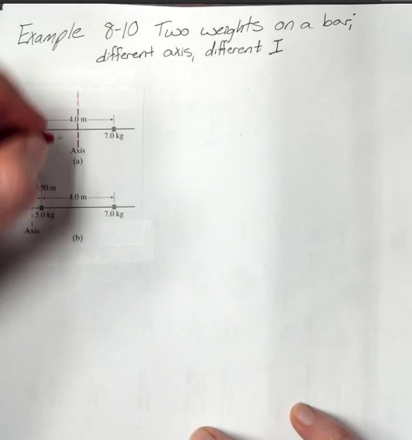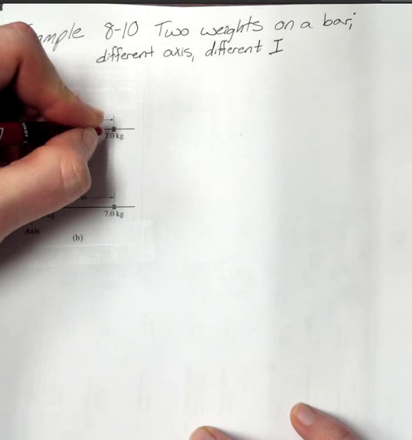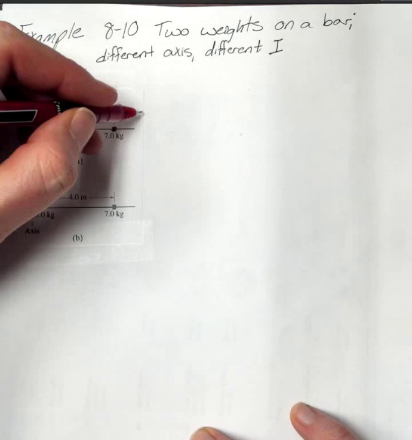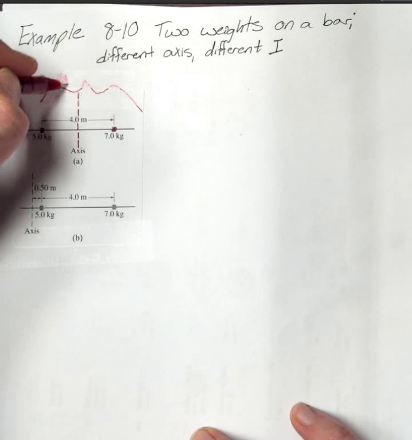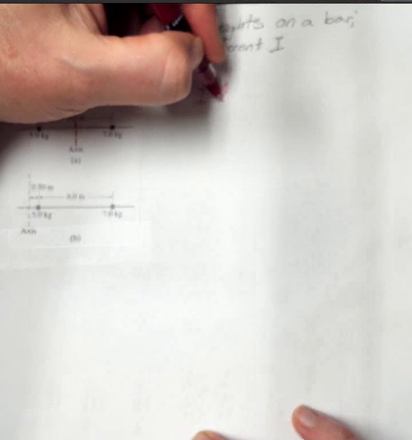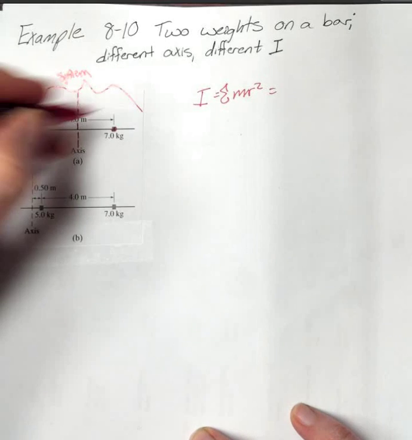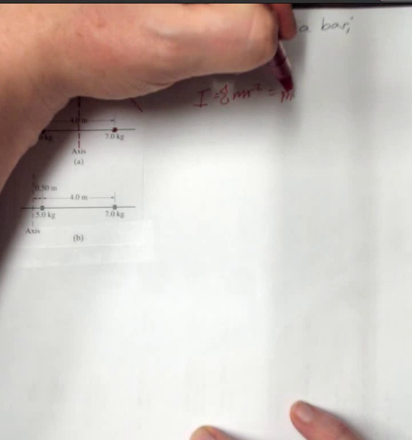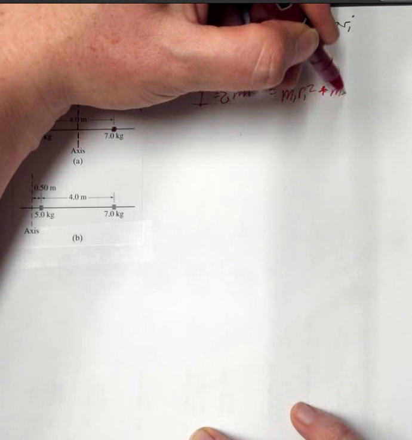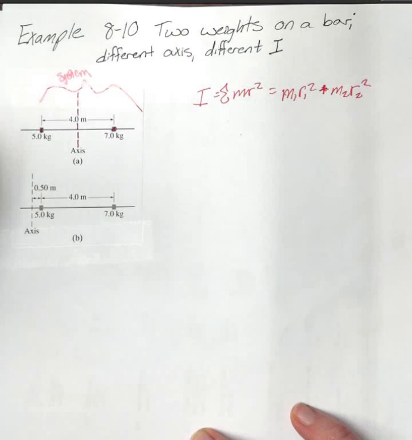So if this is a mass and this is a mass, and we wanted to know the moment of inertia of this system right here, I would equal the sum of mr squared. And here we've got two masses that we want to consider, so it's going to be m1r1 squared plus m2r2 squared, and we're just going to add them together.